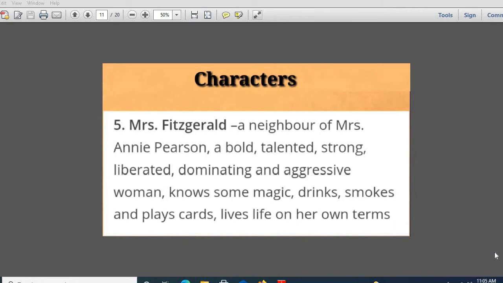That means she who was bold, talented, strong, who drinks and smokes, you will find that Mrs. Pearson is doing all those things, and the husband, the son, the daughter of Mrs. Pearson don't know about this magic at all. So personalities change bodies. That is one of the most important themes of this particular drama.